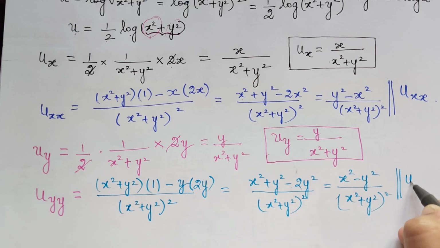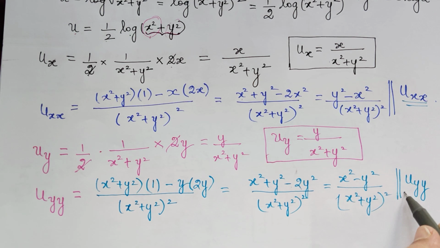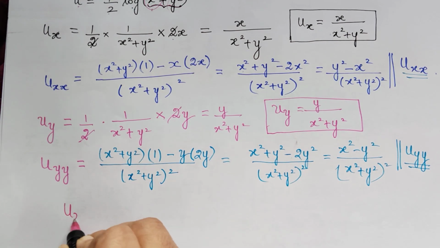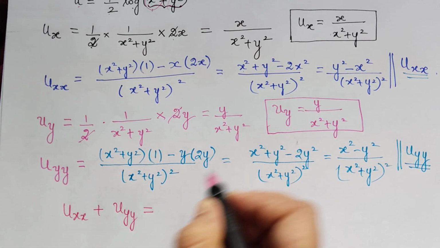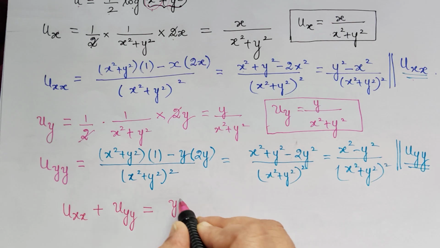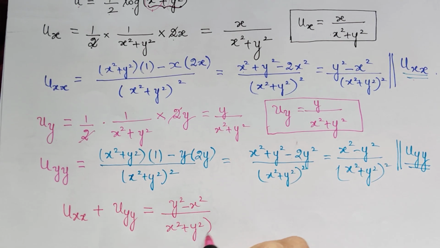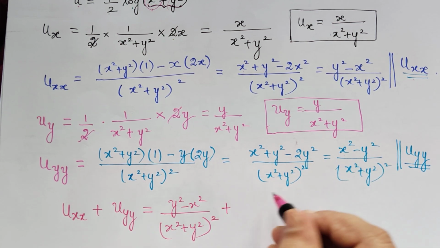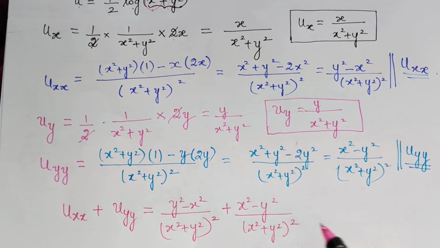So this is uyy. Now we shall add these two, that is uxx and uyy. So therefore uxx plus uyy is equal to uxx, which is y square minus x square by x square plus y square the whole square, plus uyy, which is x square minus y square divided by x square plus y square the whole square.